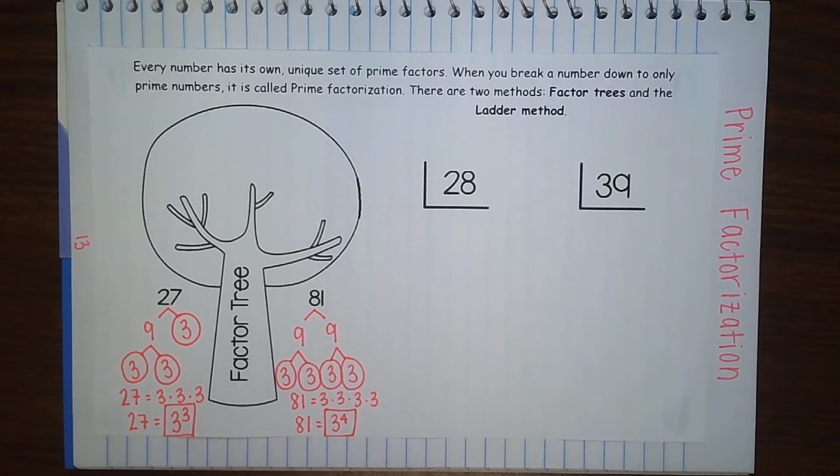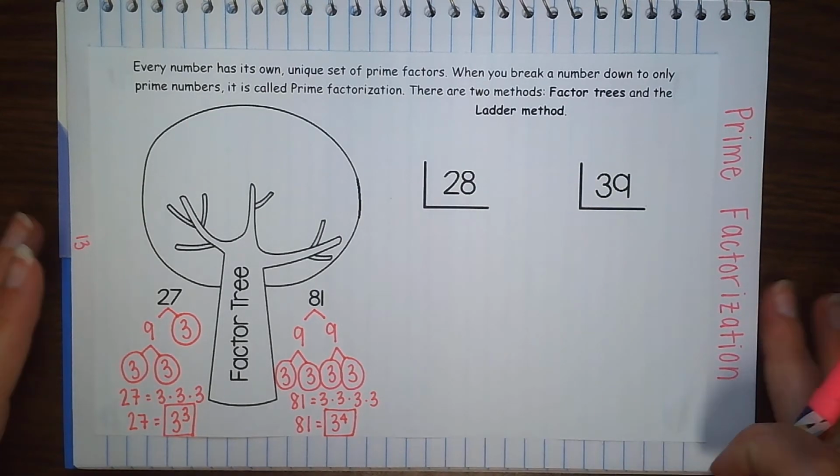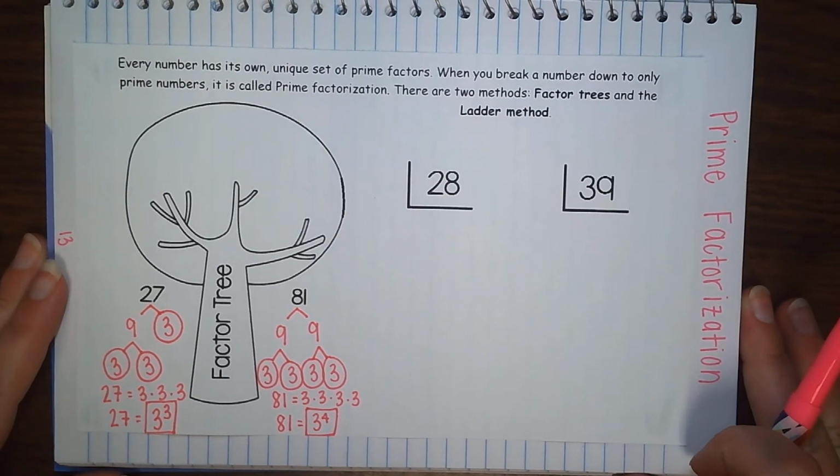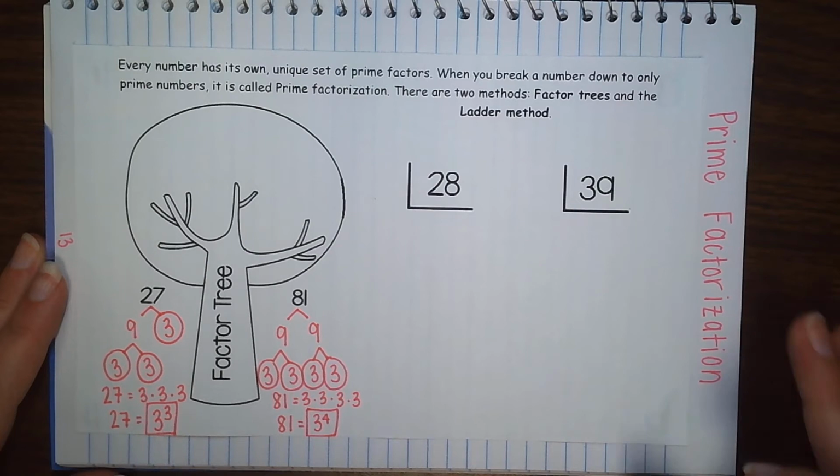Okay, so you can see we are pretty much just breaking each number down to only prime numbers. Now the ladder method is something that we like to use a lot in 6th grade. The ladder method is kind of like upside down division.